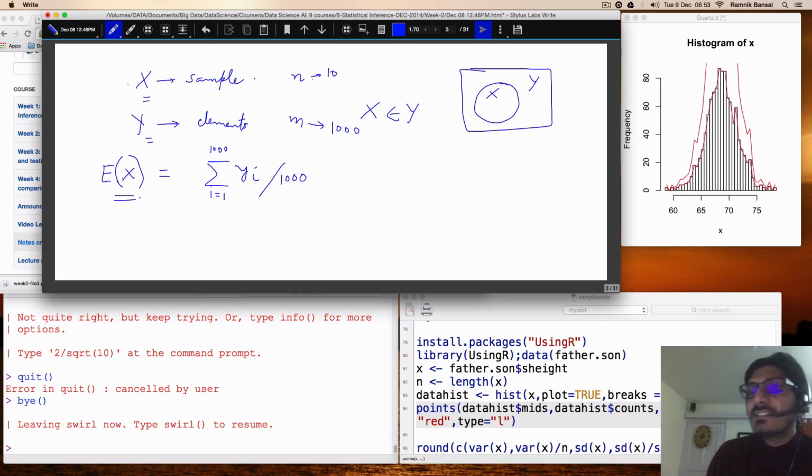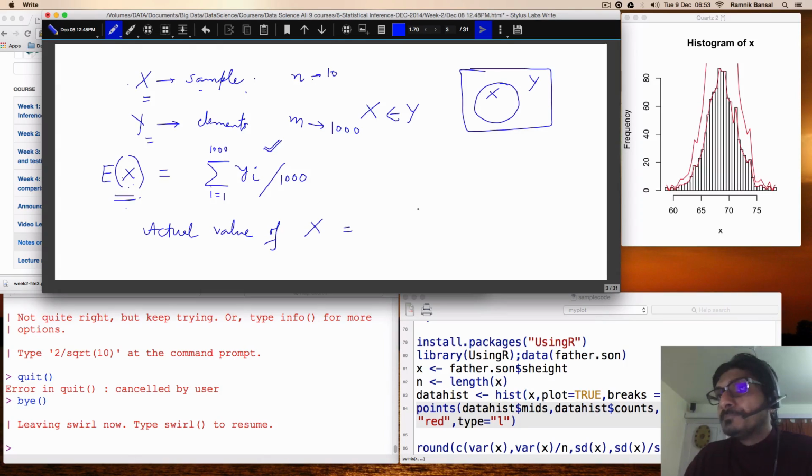Is this clear? Have you understood what we are doing here? The expected value of x is what we would expect. The actual value of what we get as x from the sample will be the summation of xi, 1 to 10, times 1 by 10.